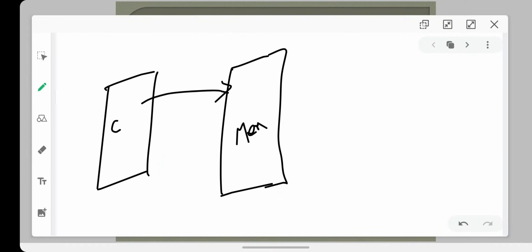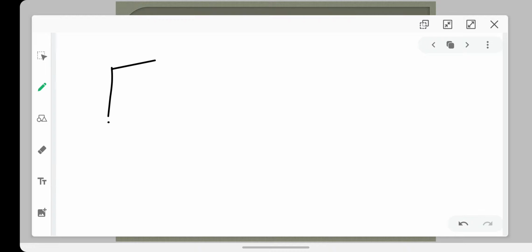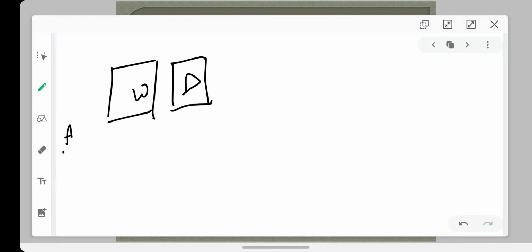I'll give you an example. Suppose you have a washing machine and a dryer, and you have four sets of clothes: A, B, C, D. A washes his clothes using the washing machine, and then the clothes are put into the dryer.